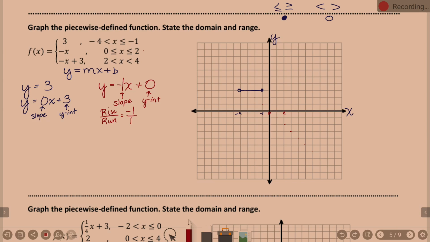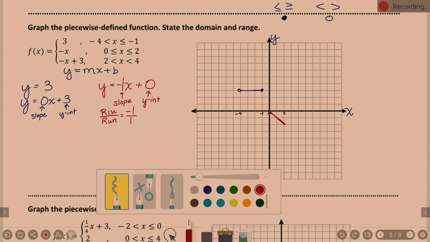So I only need that piece of the line right there. Does that make sense? If you're putting those extra little dots in, you can take them out. If they're light enough, they could stay in and it won't matter.